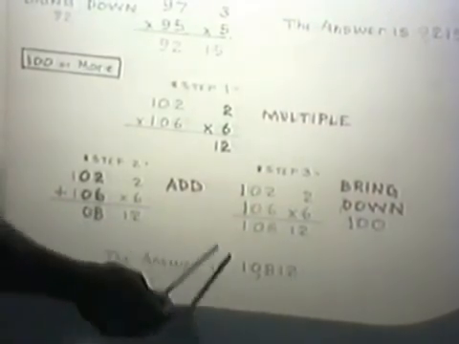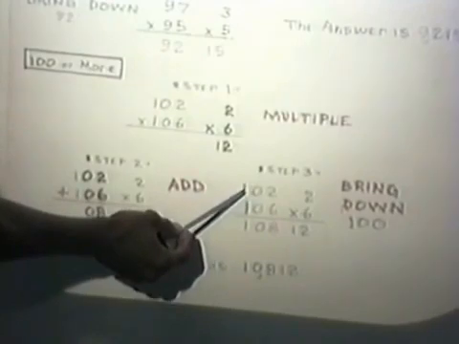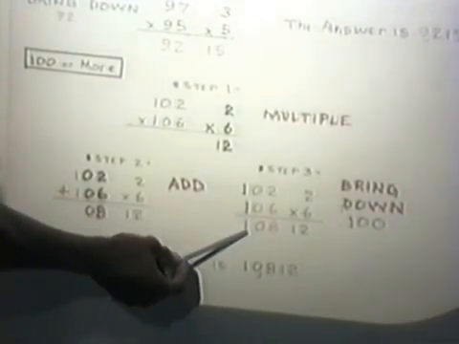We bring down the 12. In the third step, we bring down the 100. So we have the 100. We bring down the 1. The answer is 10,812.